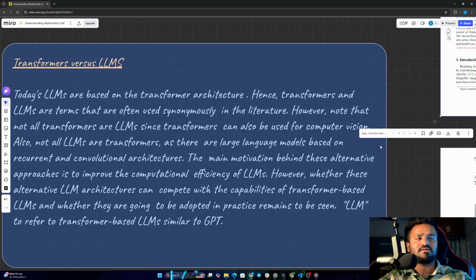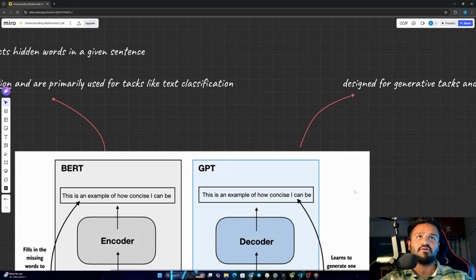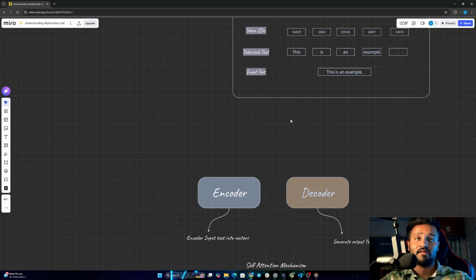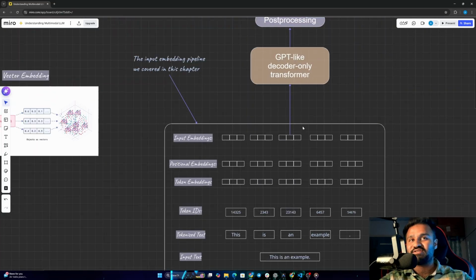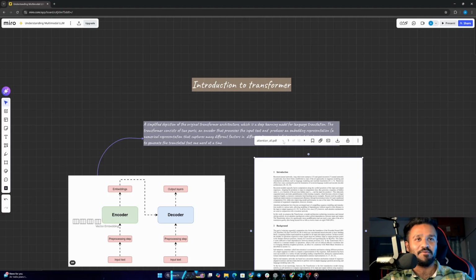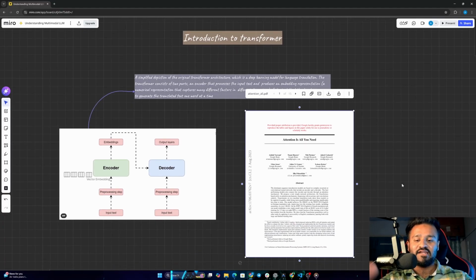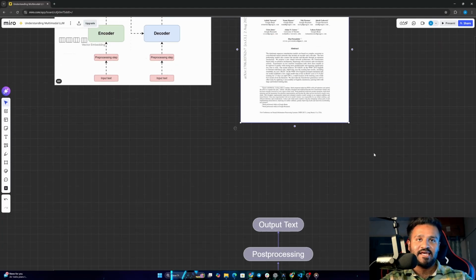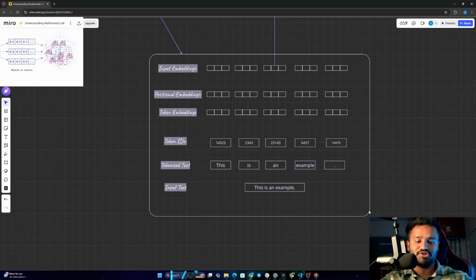So let's quickly recap what we have done so far in this lecture. We have learned that the transformer was introduced in 2017. This was the paper. Then we saw how tokenization happens and why we need to convert text into token embeddings.